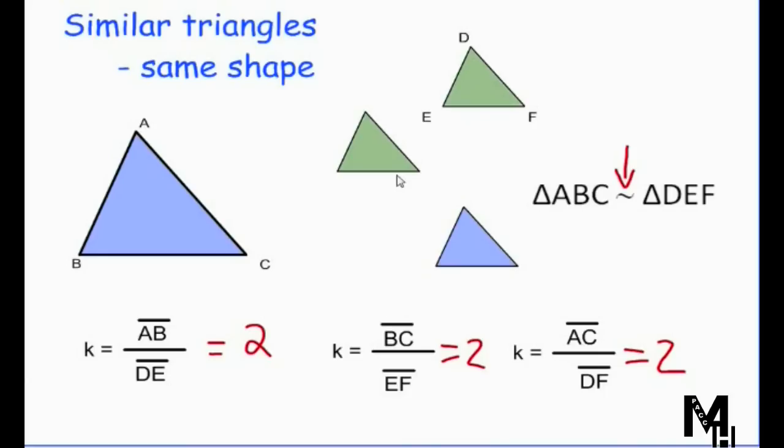However, when you make this statement, you have to be careful on how you arrange your letters for each triangle, because the corresponding vertices must take the same order for each triangle.